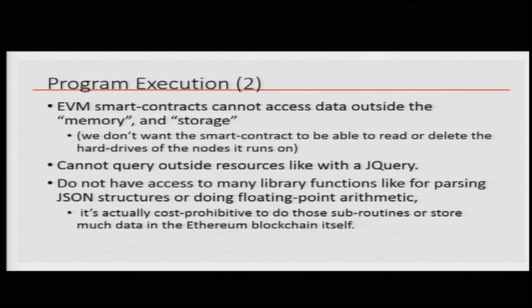So, it cannot query any outside resources like using jQuery kind of libraries, and you do not have access to library functions like parsing JSON structures or doing floating point arithmetic, because it would be very expensive to do so, and we do not want the execution to be expensive.